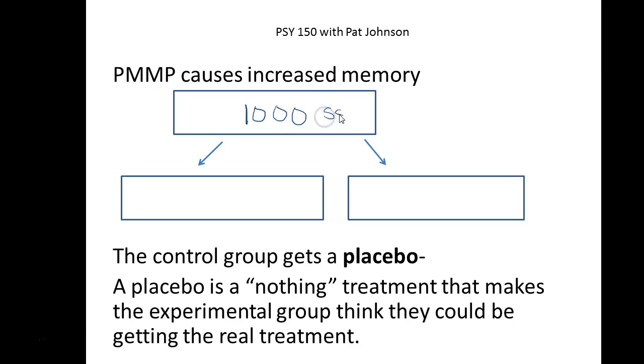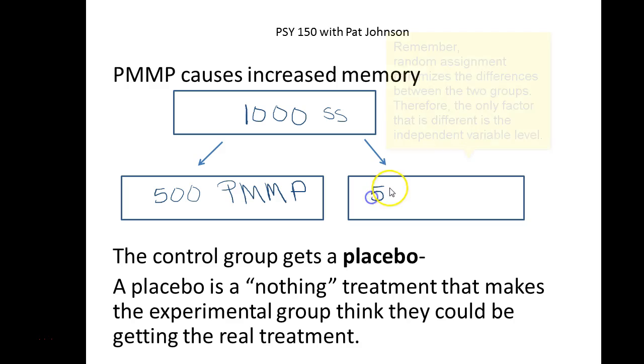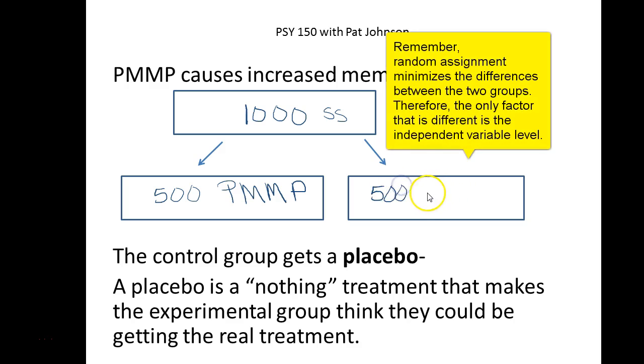We have 1,000 subjects. And this group, there's going to be 500 here, they're going to get the Pat's Miracle Memory Pill. And these 500 who are randomly assigned to the control group, they get nothing. Now, why is that not good experimental design?